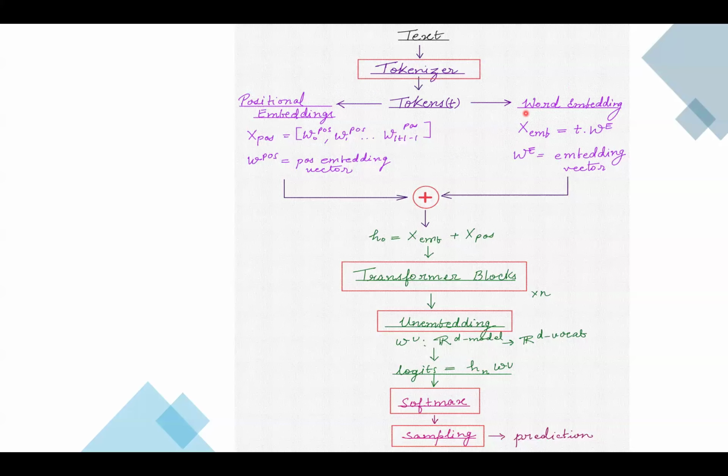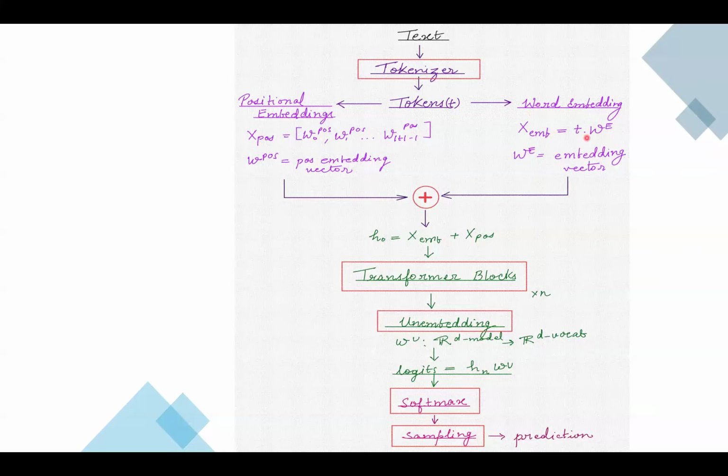So for each token in the model's vocabulary, you would have a representation of D embedding values. For example, GPT-2 uses 768 as the D model or D embedding. So we would have a matrix of 50,000 cross 768.